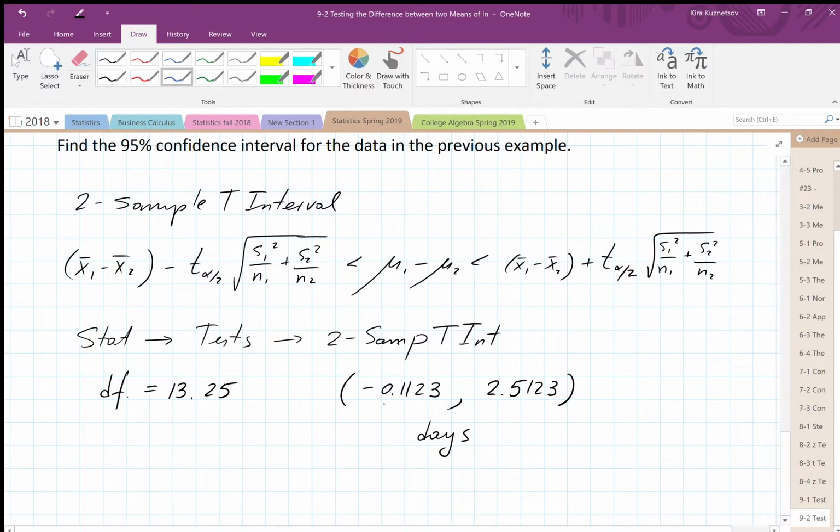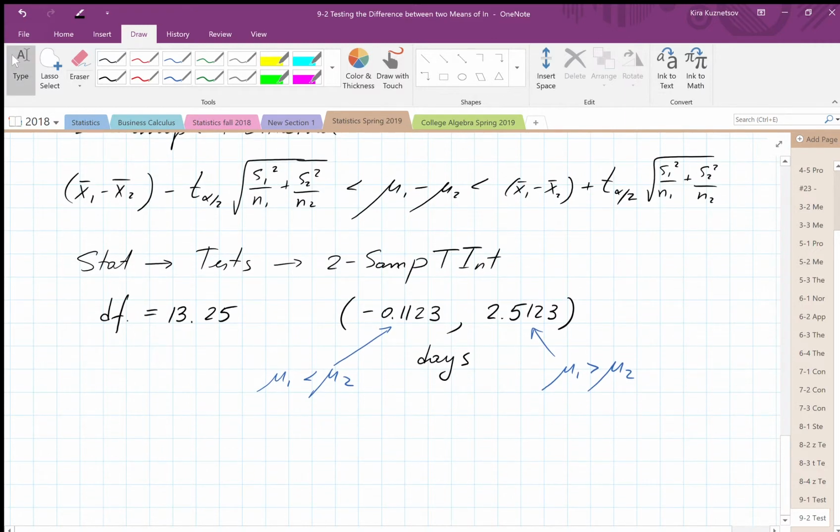So let me write this down. This number tells me that mu1 is less than mu2, and this number tells me that mu1 is greater than mu2. How can you have mu1 being less than or greater than at the same time? Well, that means that there is no significant difference.